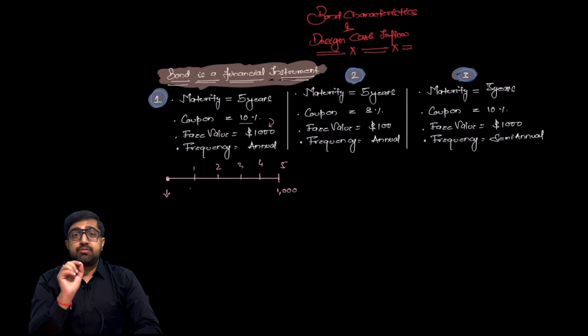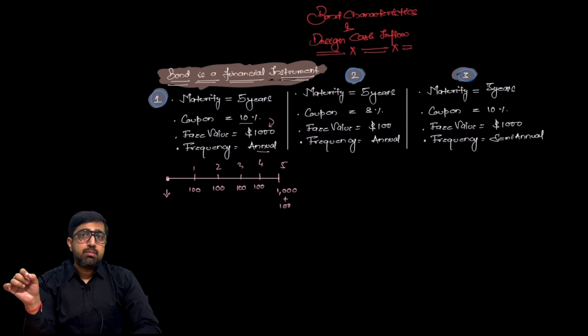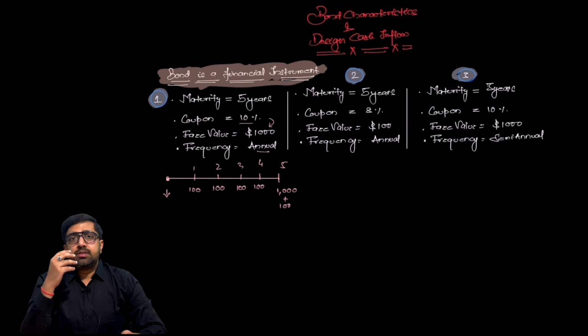But the frequency tells you if you receive it in one bullet payment or in parts. As the frequency is annual, it means that you will receive the coupon in one payment, at the end of every year, which simply means that every year at the end you will receive 100. So you'll receive 100, 100, 100, 100 and 100, right?